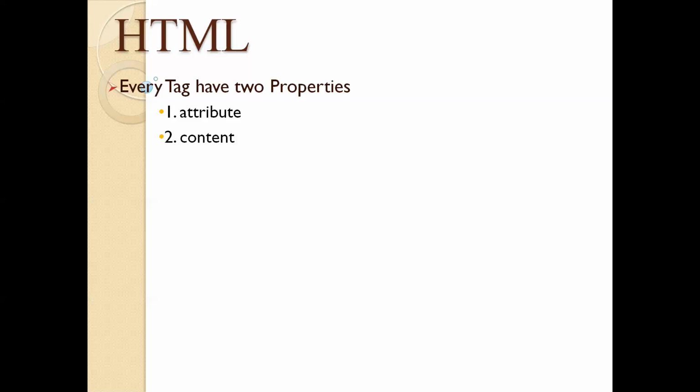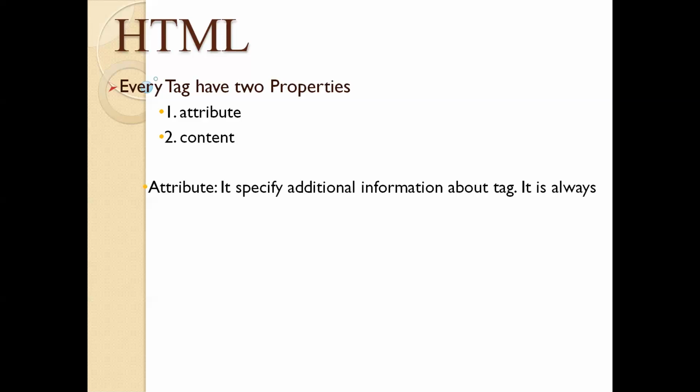Similar to the attributes of the applet tag, some of the tags in HTML may have attributes, and it is one of the properties of HTML. So let us come to the point. In HTML, each and every tag has two properties, that is the attribute and content.